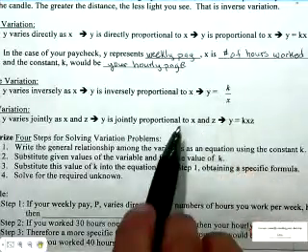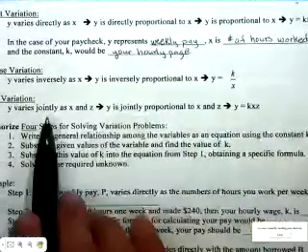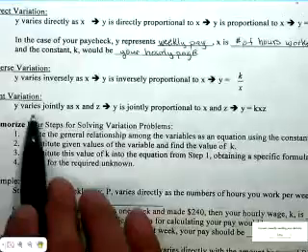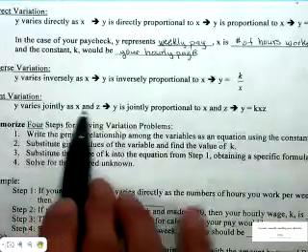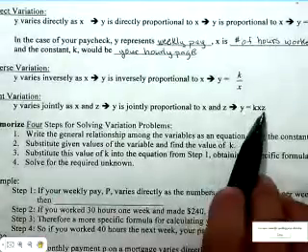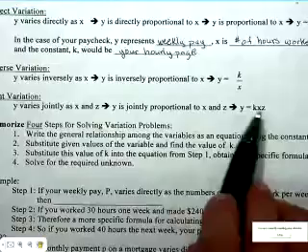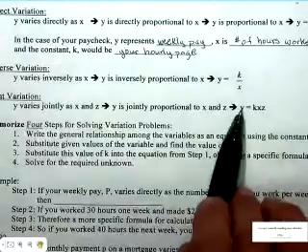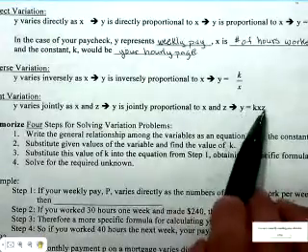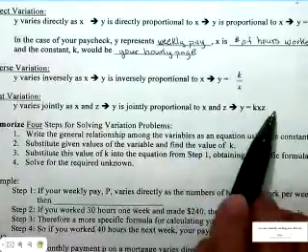And then one other type of variation, when y depends on more than one quantity, you may see y varies jointly as x and z. That would mean y equals k times x times z. So in a situation where you have one quantity depending on 2 or more quantities, you still just have one constant times those other quantities.